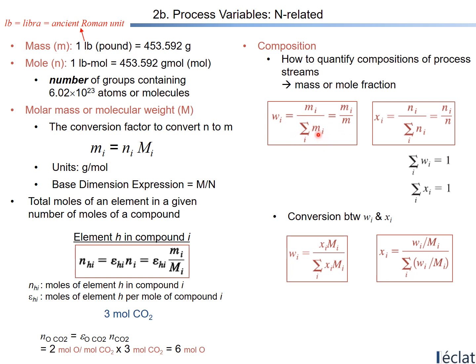That is to say, m subscript i per overall mass. Mole fraction is described in the same way, but in terms of moles: moles of species i per the summation of moles of all species. Of course, the summation of all mass fractions and all mole fractions should be equal to 1.